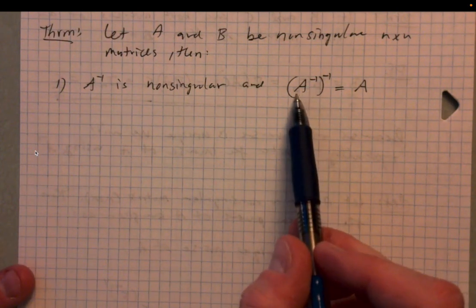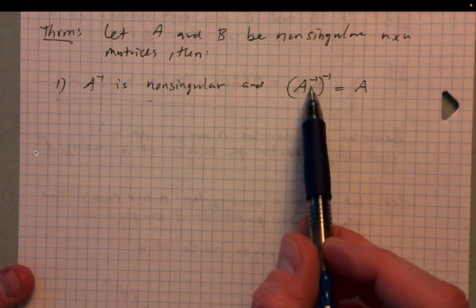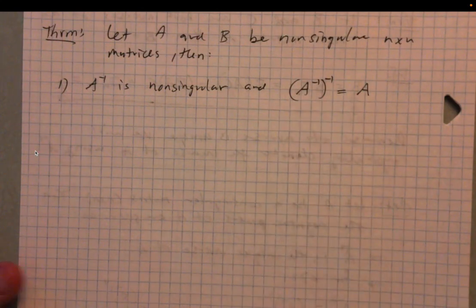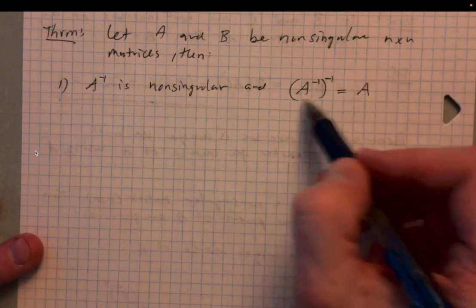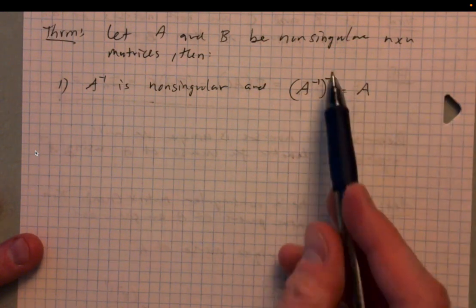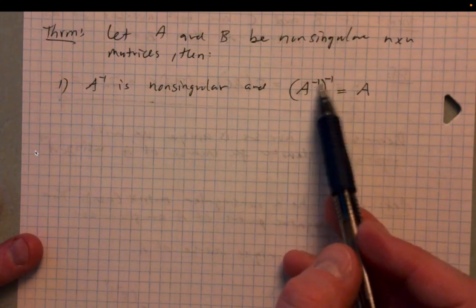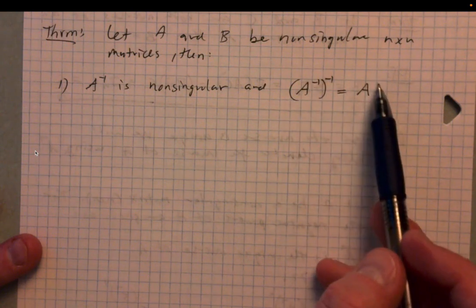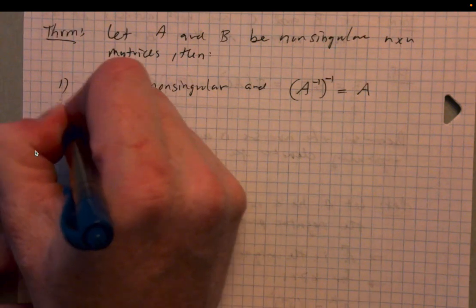So if A inverse is the inverse of A, then A is the inverse of A inverse. So basically, when you take the inverse of an inverse, you get just A back. And this is great notation as well, because -1 times -1, the way you would normally treat these powers, gives you A to the 1 power, which is just A. So that's that.